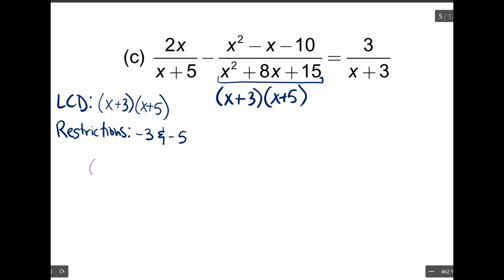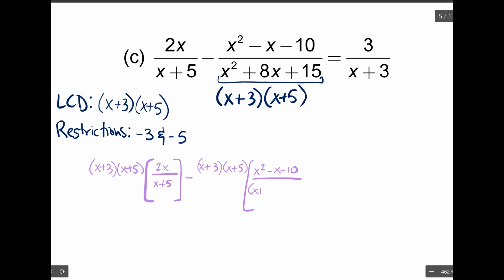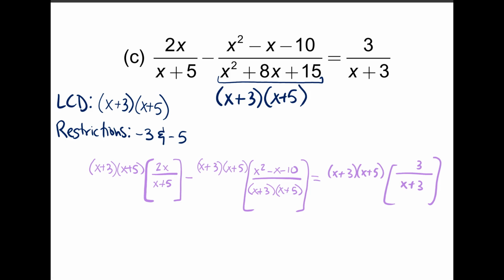This is beautiful. x plus 3, x plus 5 times 2x over x plus 5, minus x plus 3 times x plus 5 times x squared minus x minus 10 all over x plus 3 x plus 5, equals x plus 3 times x plus 5 times 3 over x plus 3. Okay, that was step 3, multiply each term with the least common denominator.